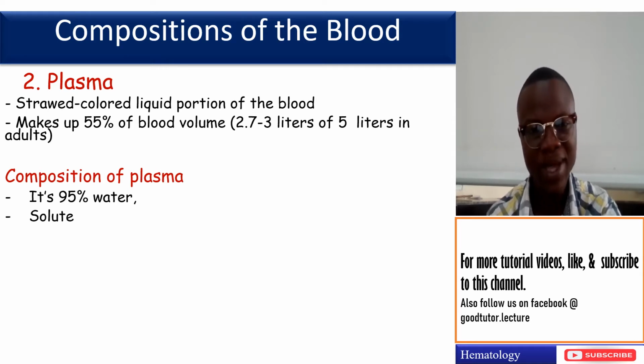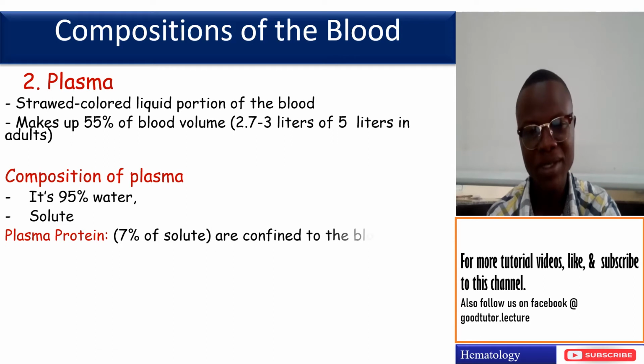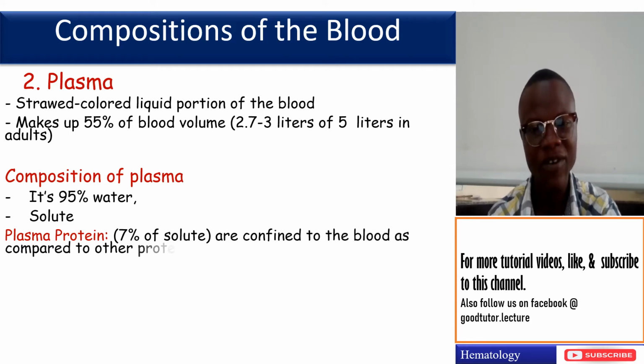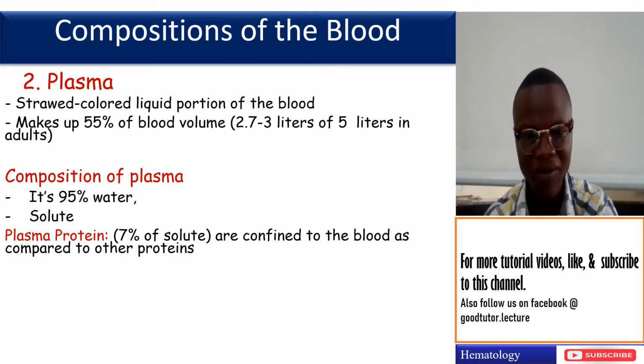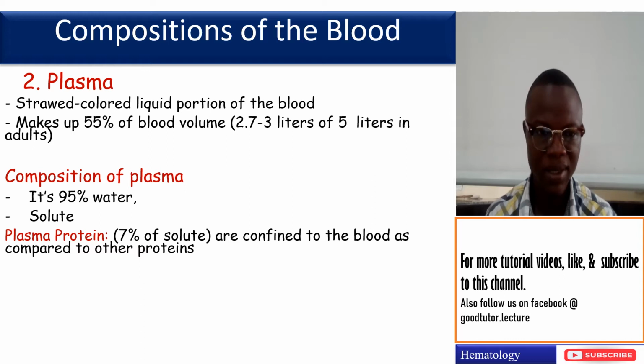And of the solutes that are found within the plasma, the plasma proteins make up about 7% of the total solutes. And they are usually confined to the blood, meaning we are not going to find plasma proteins in other areas of the body as we do for other types of protein. Rather, these proteins are confined to the blood.